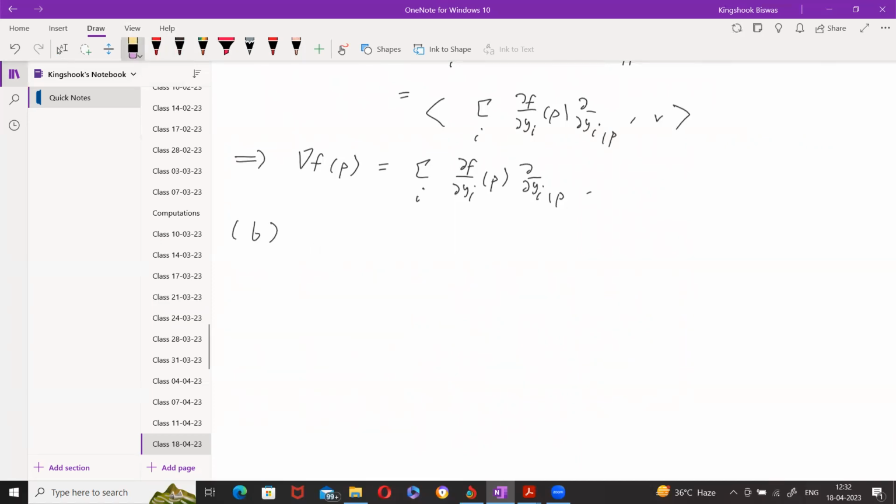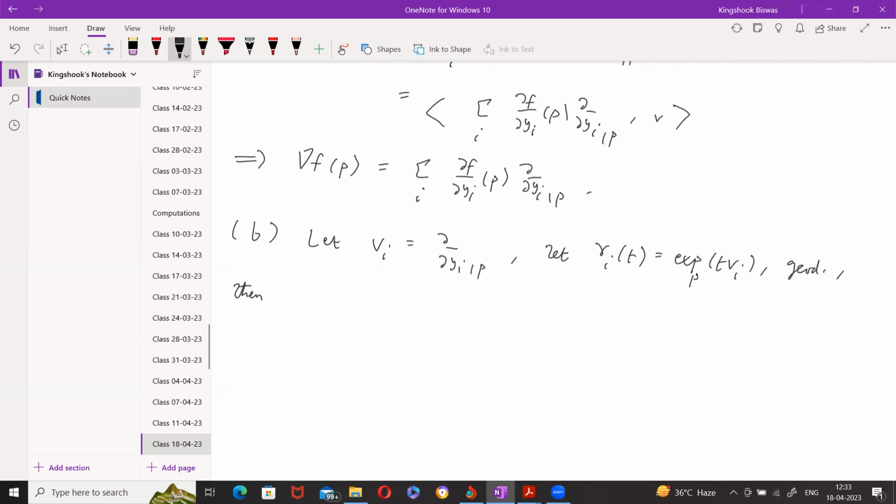Let Vi be del yi at P. Let gamma i of t be the geodesic with initial condition Vi, so exp_p of t Vi. This is a geodesic.